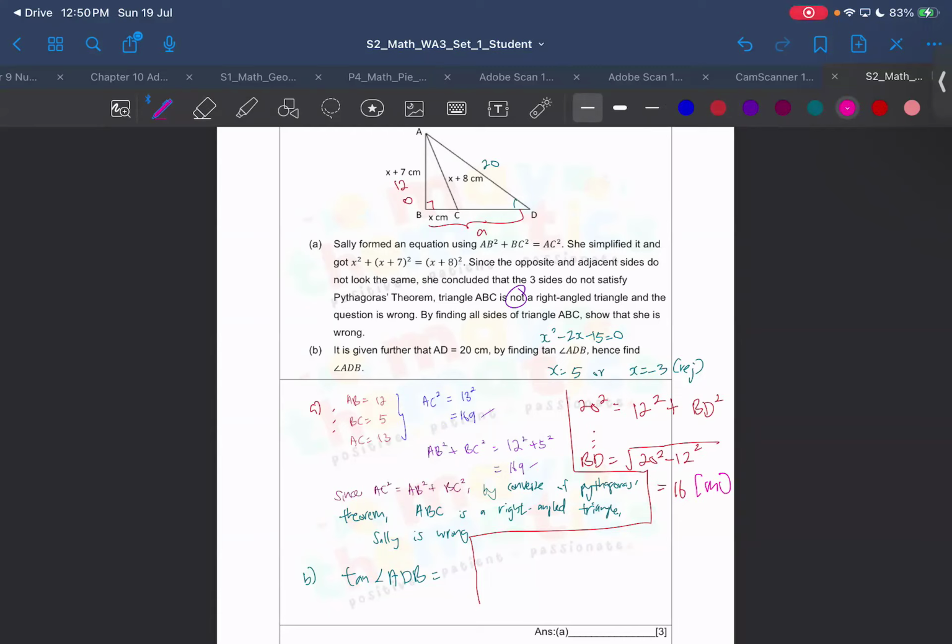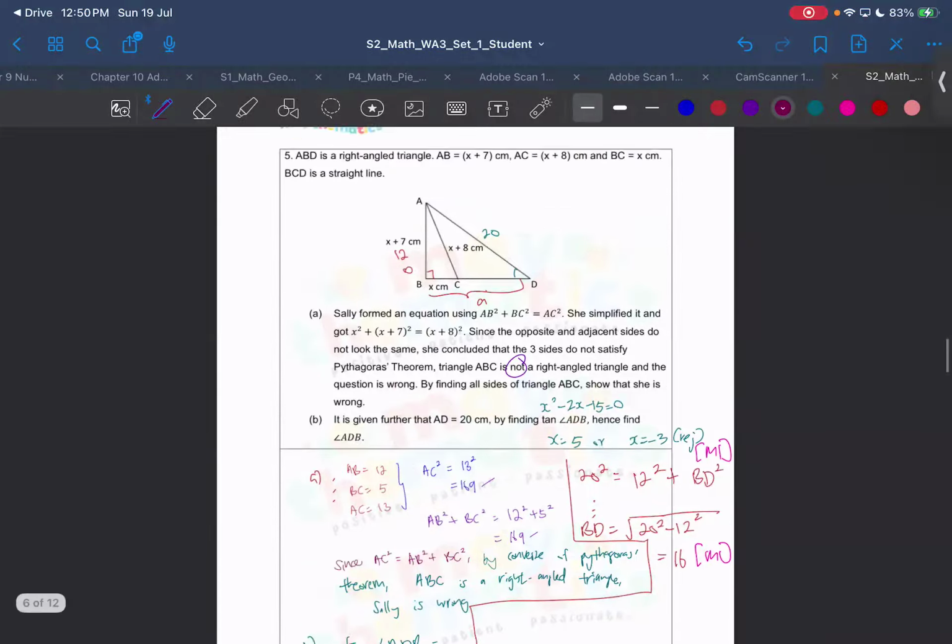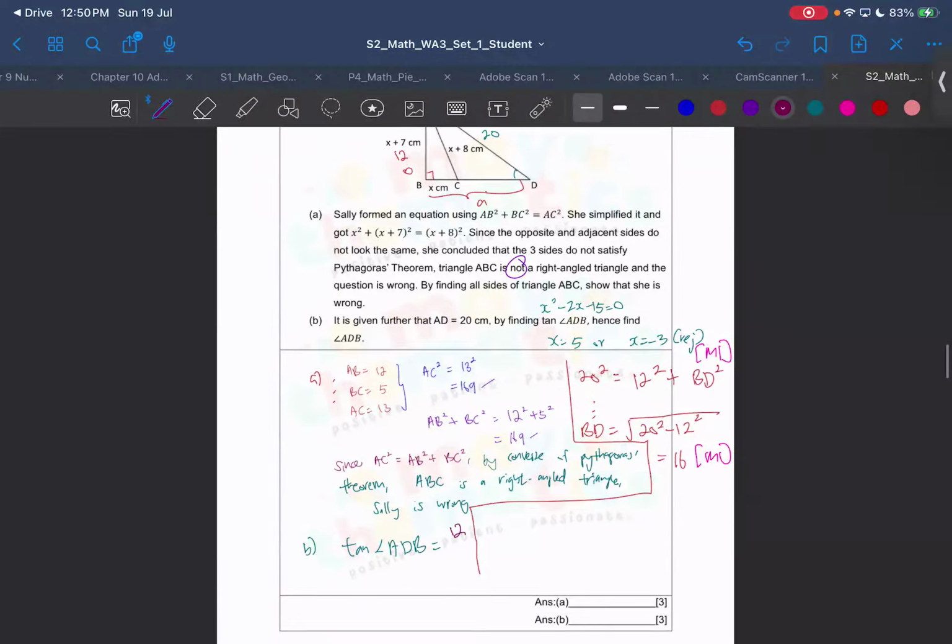And then your another 1 mark also comes when you use Pythagoras. So after you found BD, you can write your fraction already. So 12 over 16. And because tangent is always opposite over adjacent, now you can find ADB.